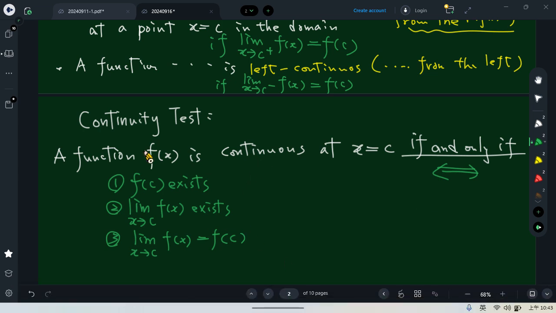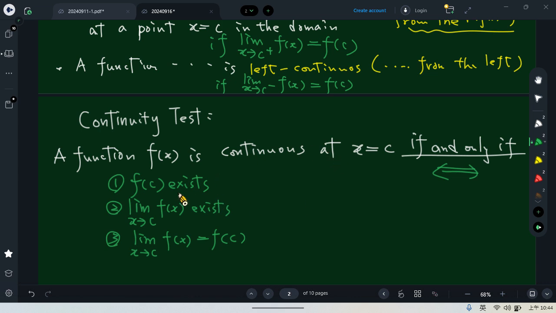So from this side, if we say the function is continuous at x equal to c, then we can conclude that f of c must exist, the limit as x approaches c of f of x also exists, and the function value at x equal to c and the limit as x approaches c of f of x should be the same.